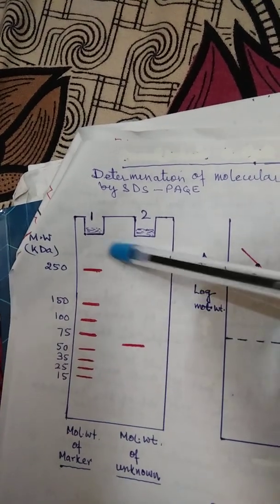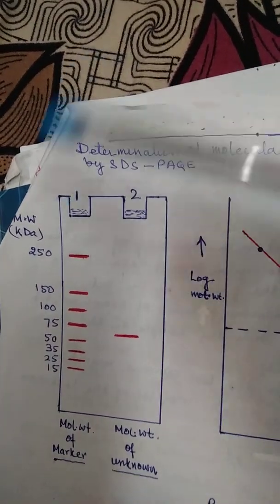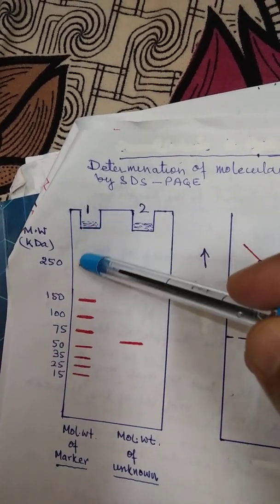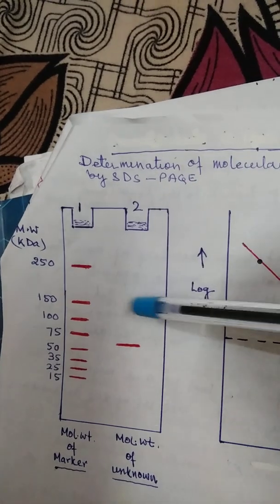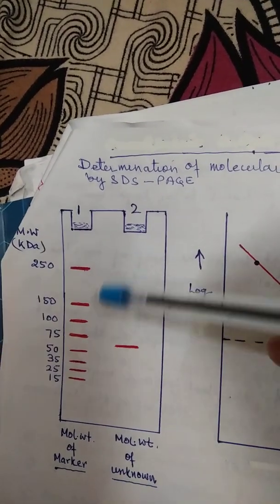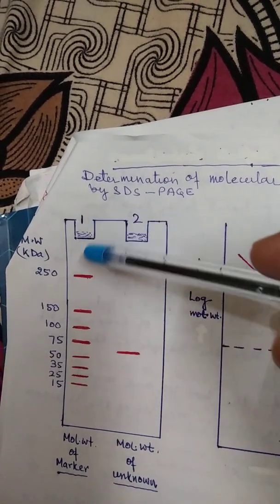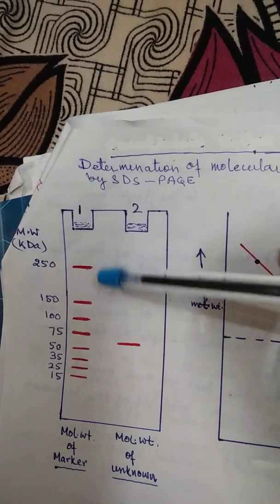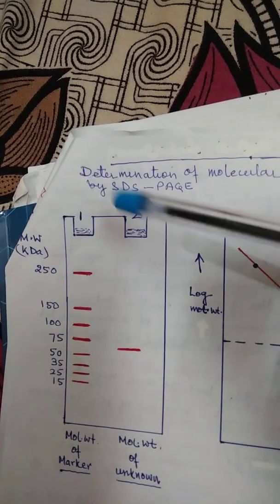Electrophoresis is started, and at the end of electrophoresis, the gel is stained using Coomassie Brilliant Blue, CBB, and we visualize the bands.